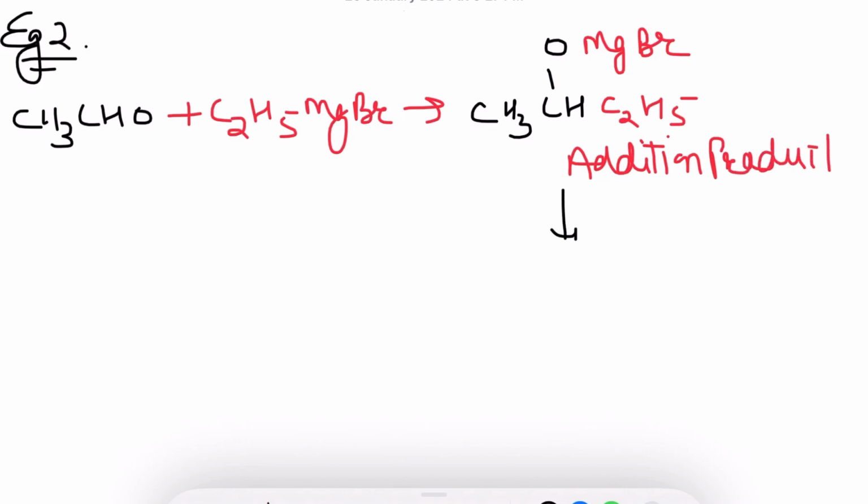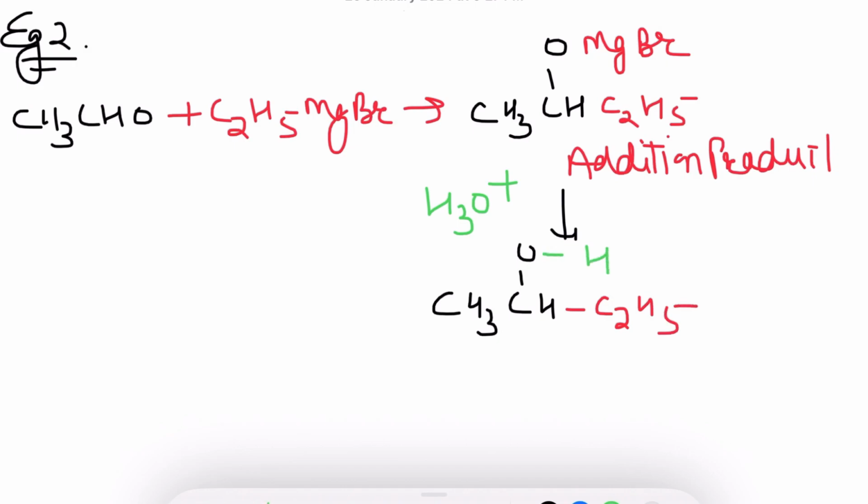This addition product on hydrolysis will give alcohol. If in this product you simply check, the black part is from carbonyl, the reddish part C2H5 is from Grignard, and the greenish H part is from water.